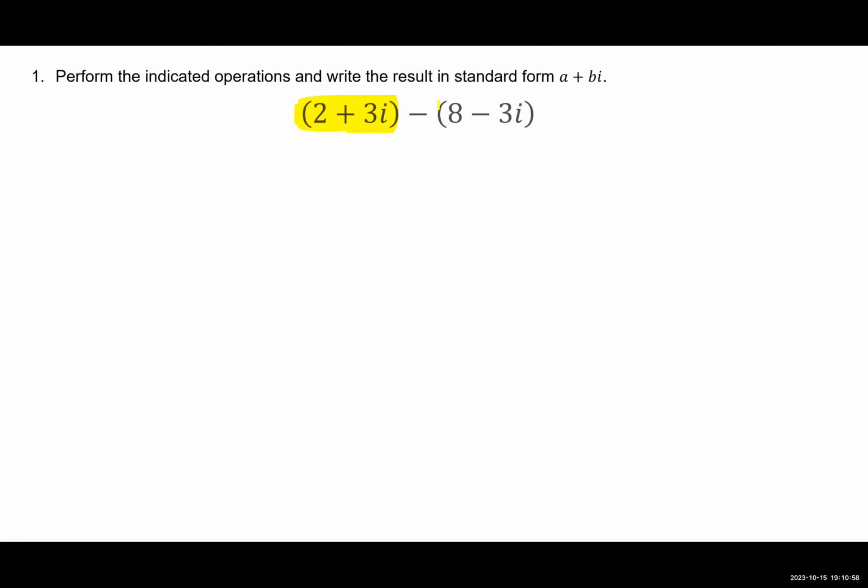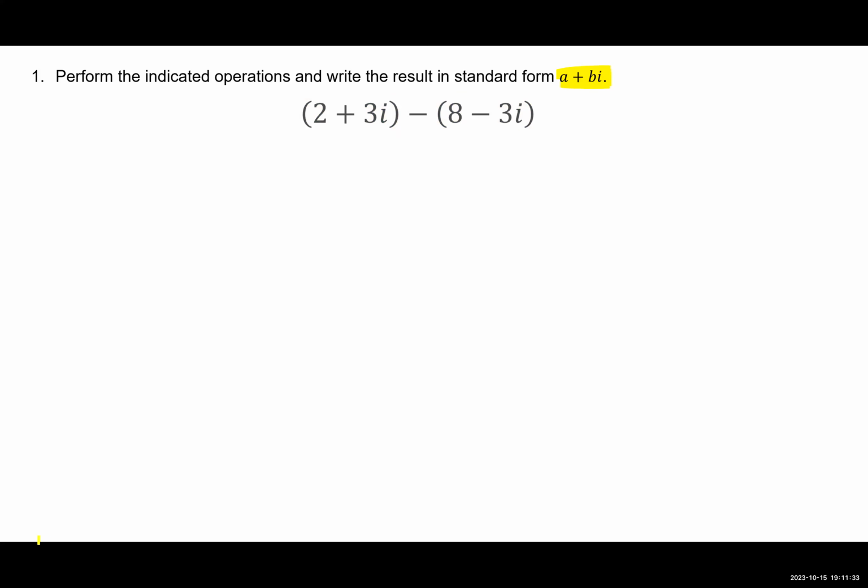This is another complex number, 8 minus 3i. So we're subtracting two complex numbers. Anytime you're adding, subtracting, multiplying, or dividing complex numbers, your final answer should look like a complex number, a plus bi. The a and the b are real numbers, and I is that imaginary square root of -1. But instead of writing the square root of -1, we just use the symbol I.